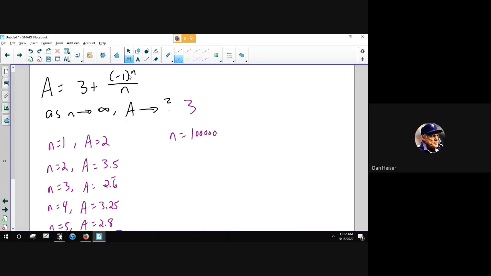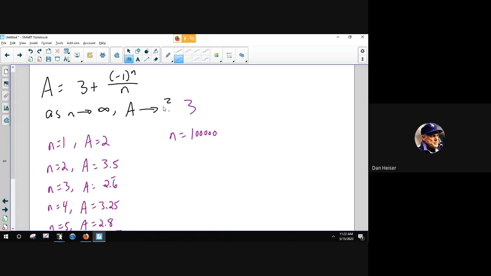Negative 1 to the 100,000 power is positive 1. 1 over 100,000 is 1/100,000th. It's very, very small, which is 3 point lots of zeros and a 1. Very, very close to 3.